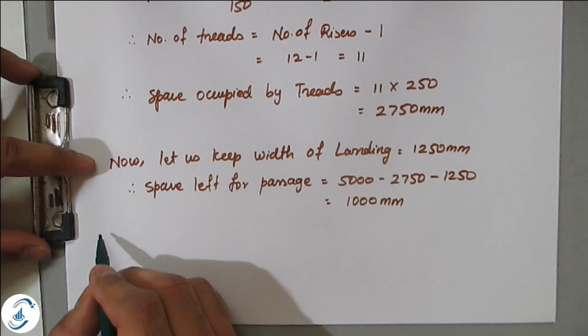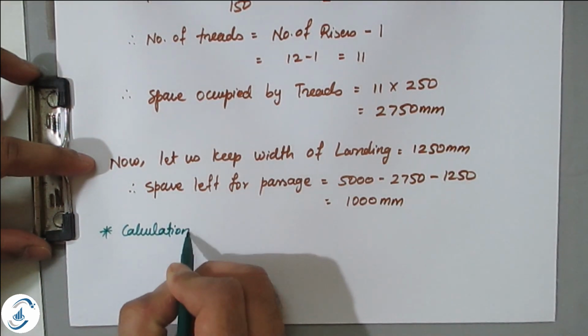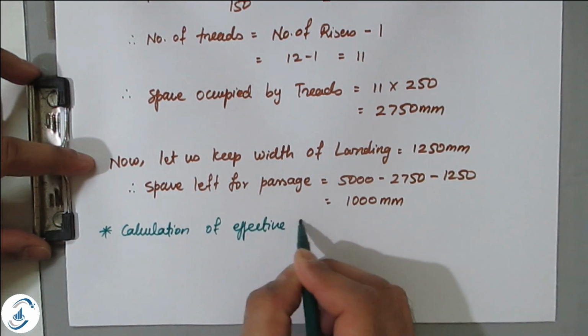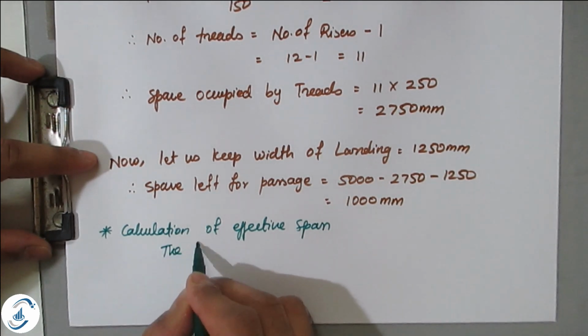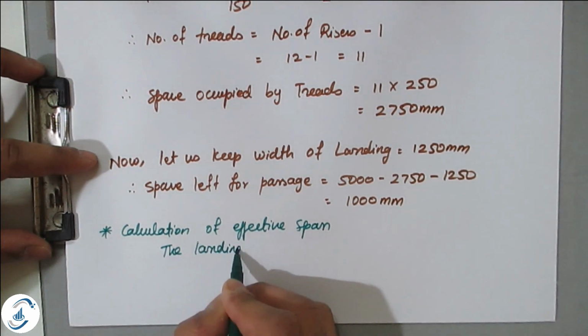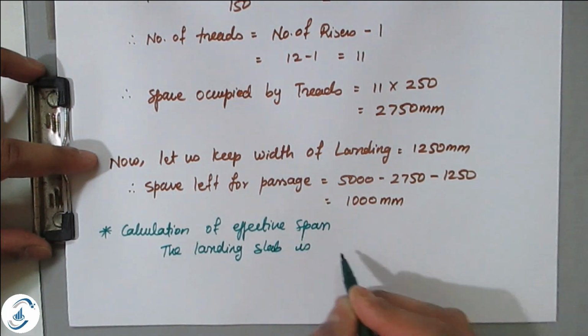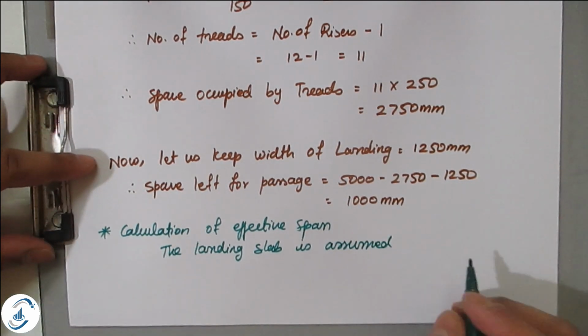Then the next step will be calculation of effective span. The landing slab, I'll write down here some wordings, you can write down in your answer sheets also.